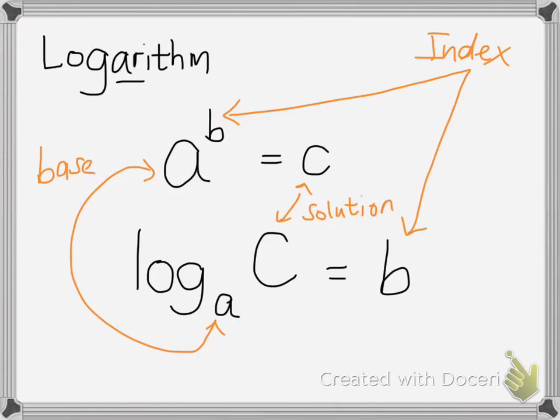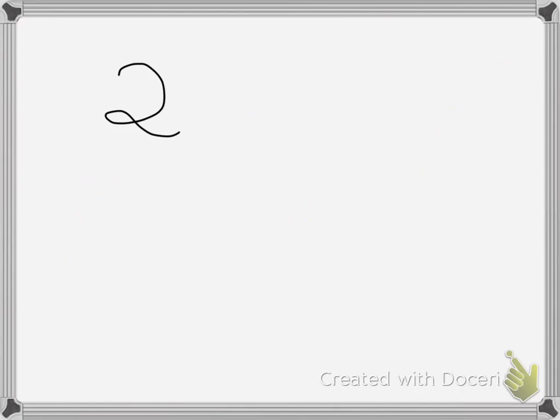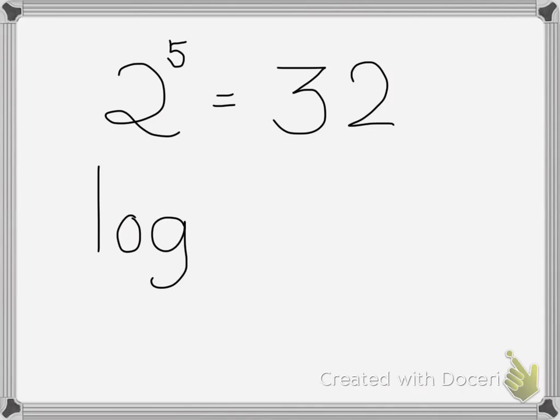For instance, let's say 2 to the power of 5 is 2 times 2 times 2 and so on, which is 32. If you're going to rewrite this in logarithmic form, or simply log, it would be log 32 base 2 equals 5.